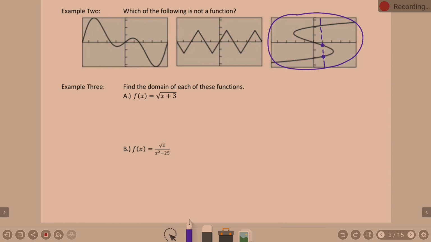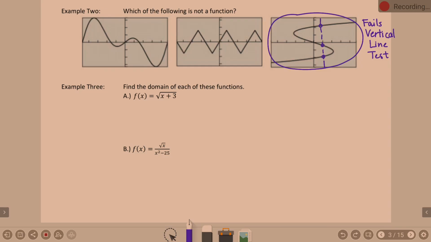I just dropped a vertical line right there. I crossed through it not just once, but 3 times. So there's the one that's not a function, and my reason is because it fails the vertical line test.